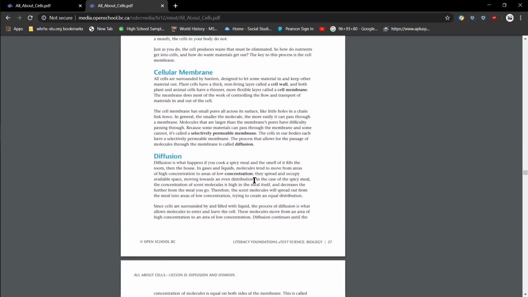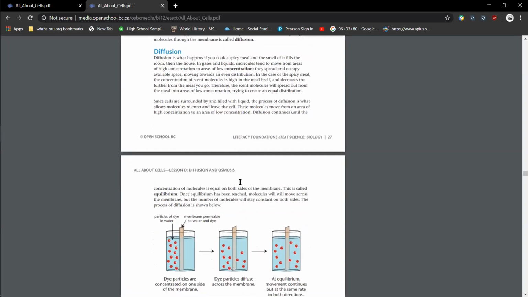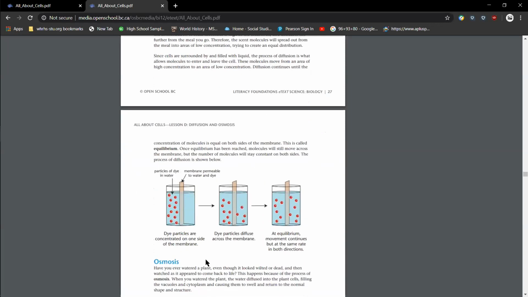Okay, so let's move on. So this is an example of diffusion here. You have these dye particles, and you have a membrane that's permeable to the water and the dye. So what's going to happen is first these dye particles are really, really concentrated on one side of the membrane. But over time, the dye particles are going to diffuse across the membrane.